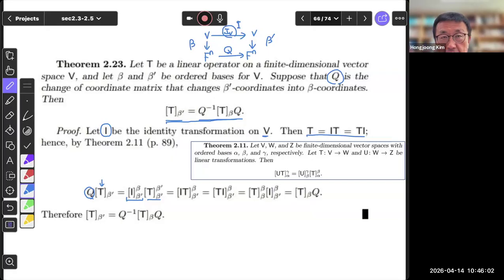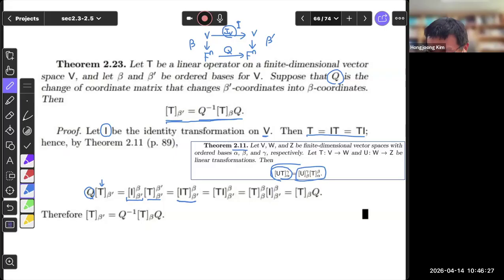Now in that case, we can combine these two matrices into a single matrix. That's what we learned in theorem 2.11. If I have this product of two matrices, then I can combine them as a single matrix.